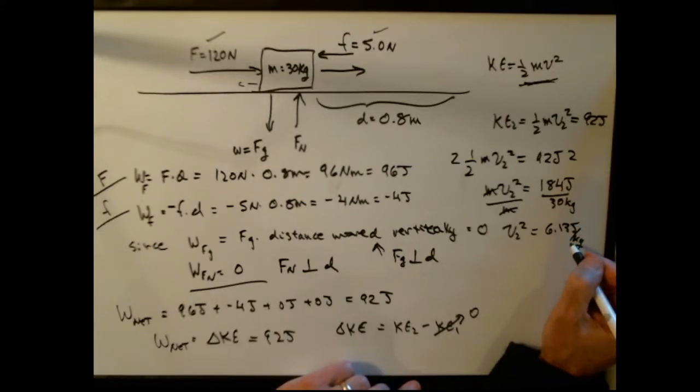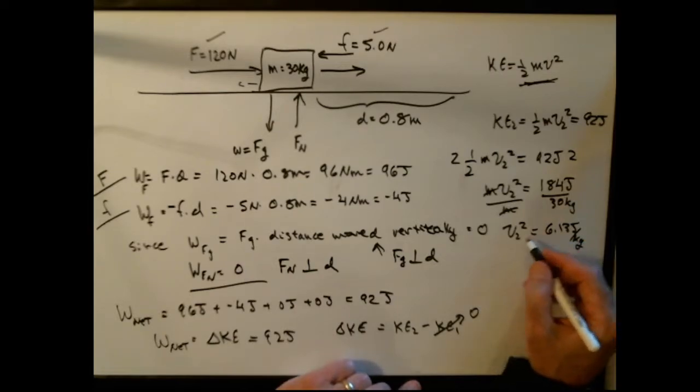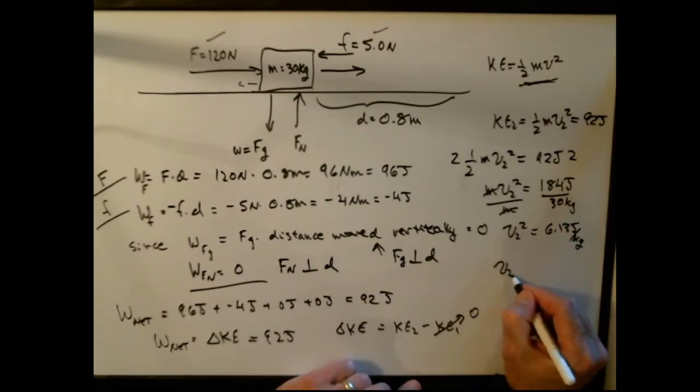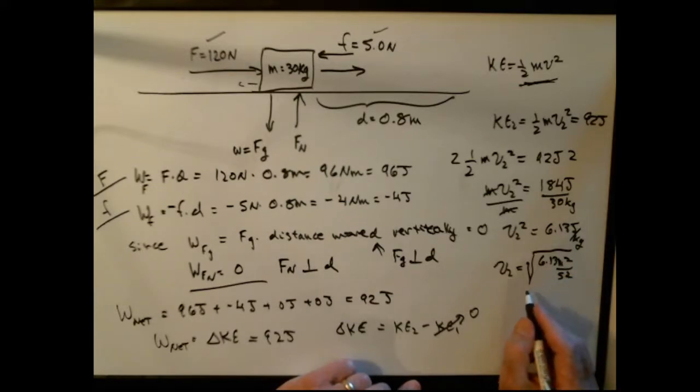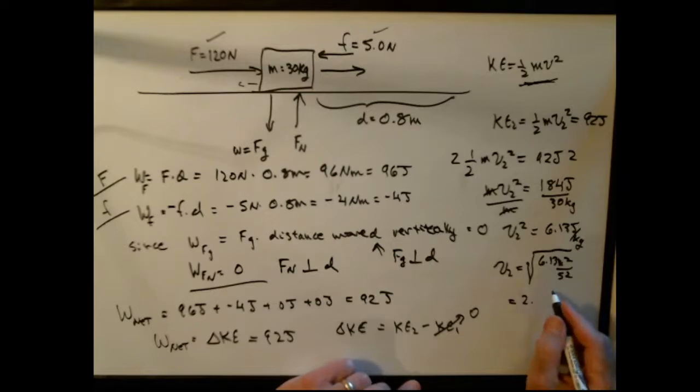We could go all the way back and figure out that a joule is a kilogram meter squared per second squared, and so joule per kilogram is a meter squared over second squared. And so when I take the square root of that, meter squared over second squared, I get about 2.4 something.